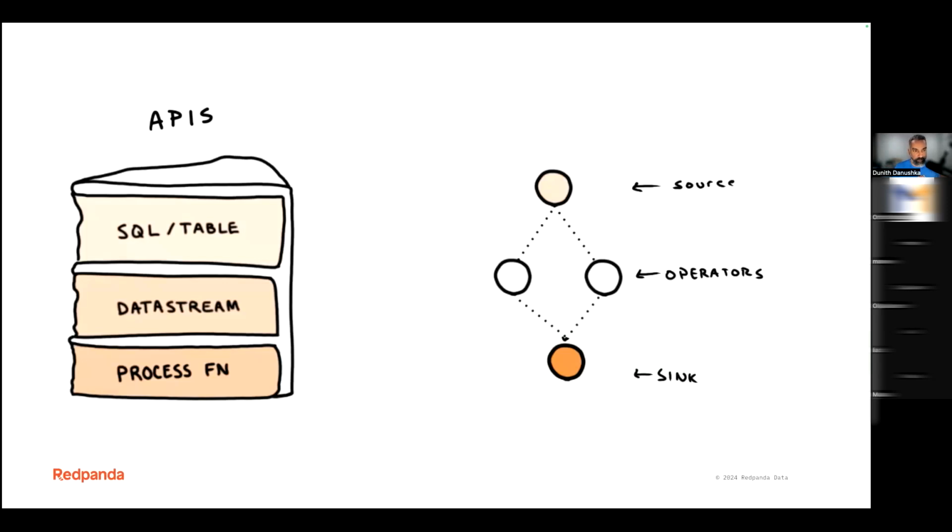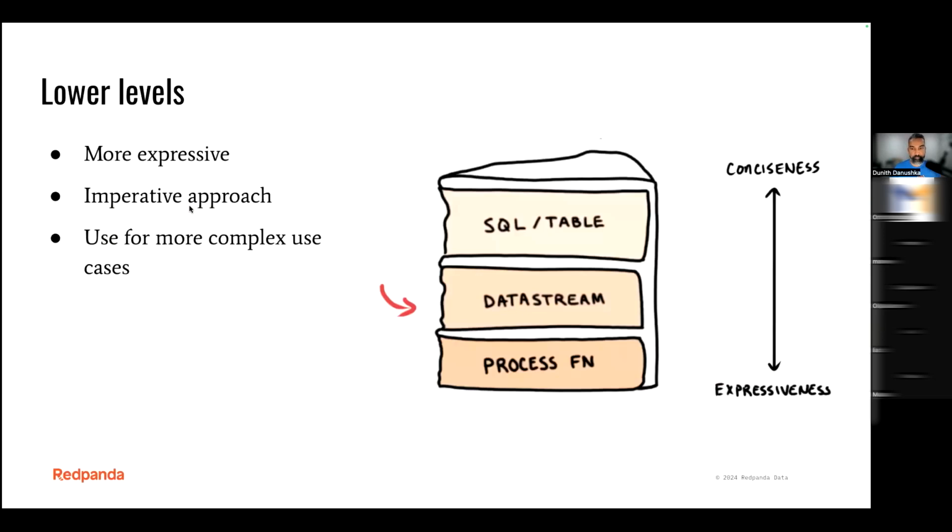For example, you can think of this API abstraction like a layer cake. The bottom two, data stream and process function, are more low level, while you can see more high-level declarative API abstraction in the top layer. Basically, when you go down, you will have more expressiveness and more power in your programs, while when you go up, you have more conciseness and declarativity at the top.